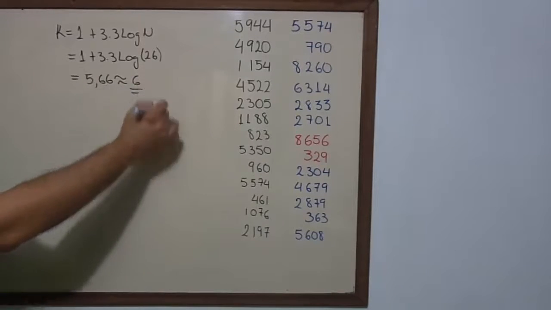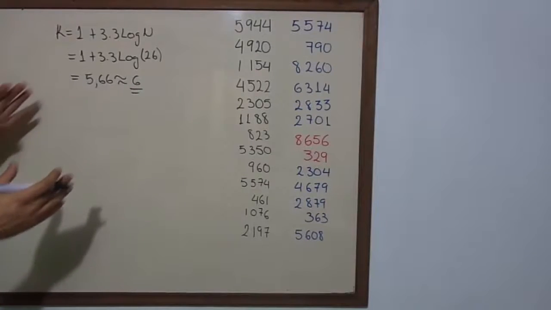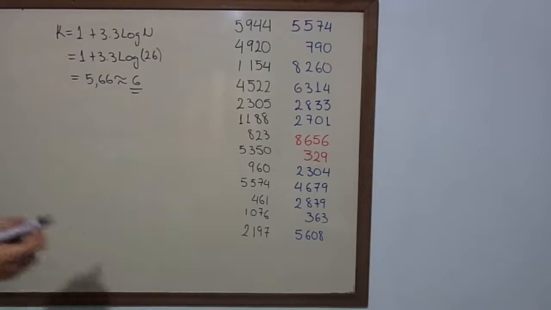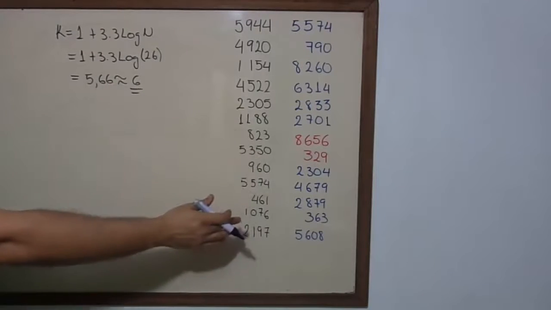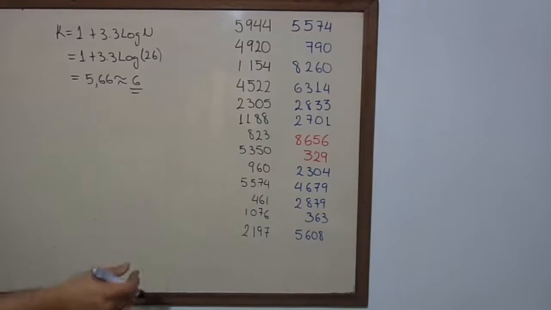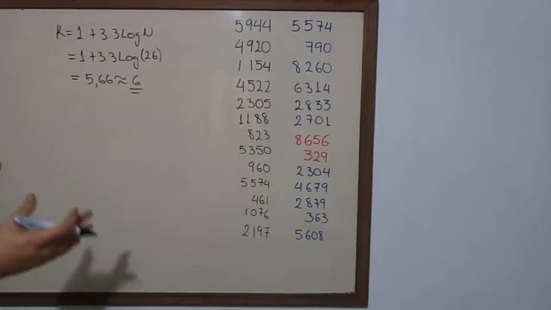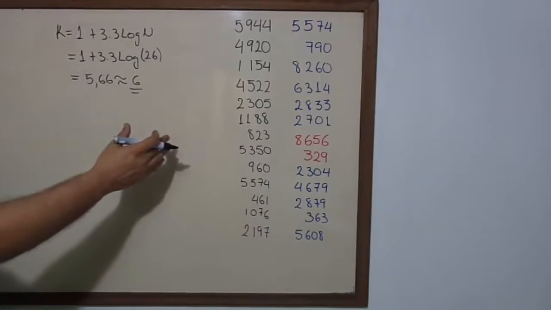So with this in mind, we're going to find the range of the data. That means that we have to take the highest number of all and subtract the smallest number of all.